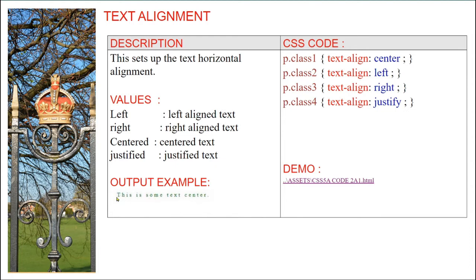So this green text is placed in the center of your web page. And the way you align the text is by using the text-align property. We can set the value to center, to left, to right, and to justify.